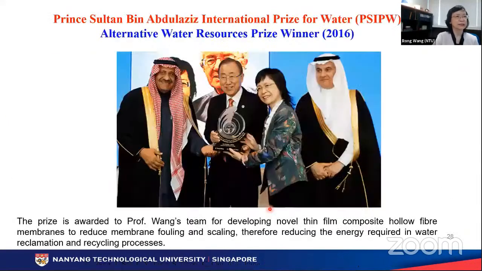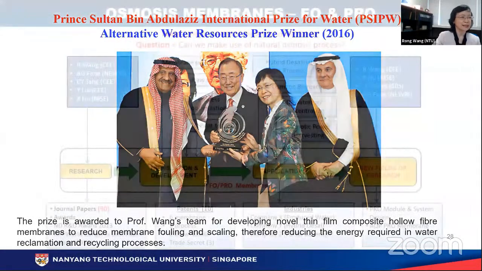Because of this work, we are very honored to receive the Alternative Water Resources Prize and the Prince Sultan bin Abdulaziz International Prize for Water in 2016. This award is a great recognition that encourages us to continue pursuing membrane innovation for water solutions.